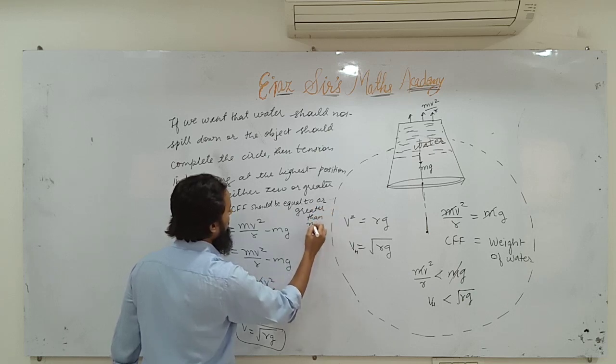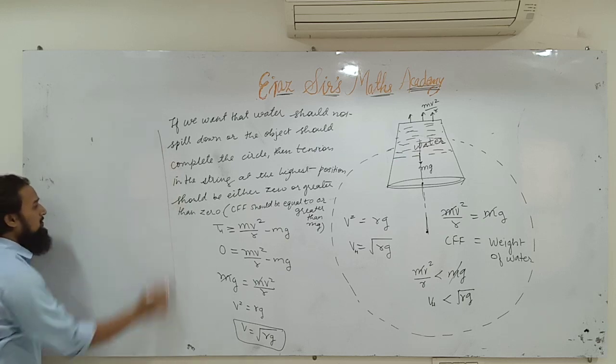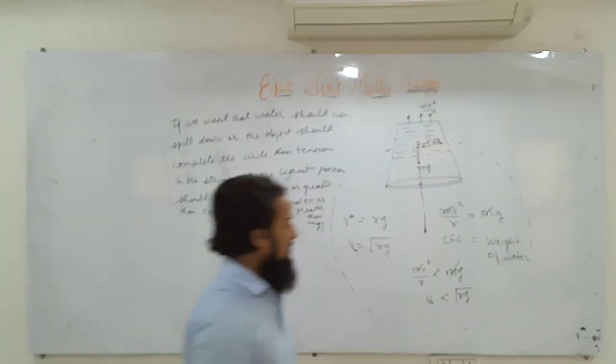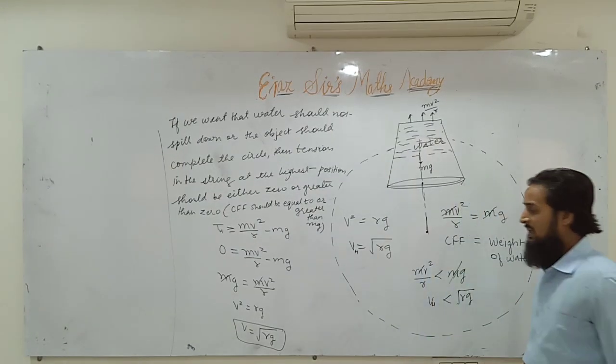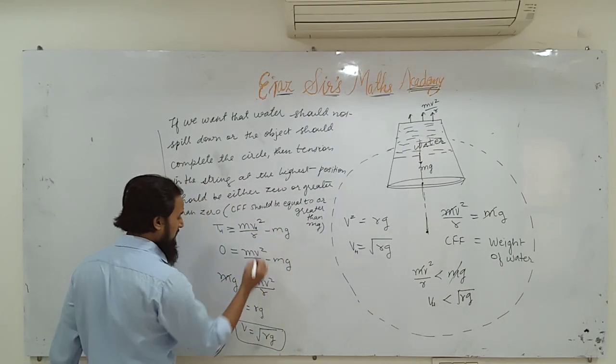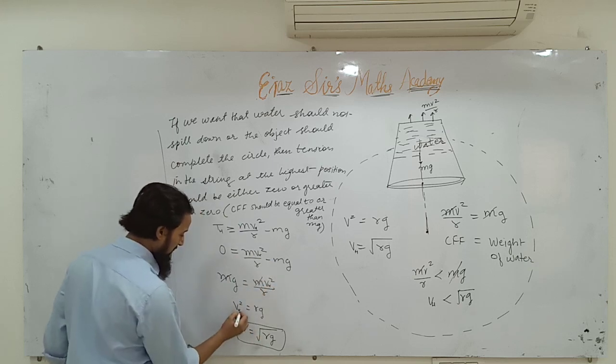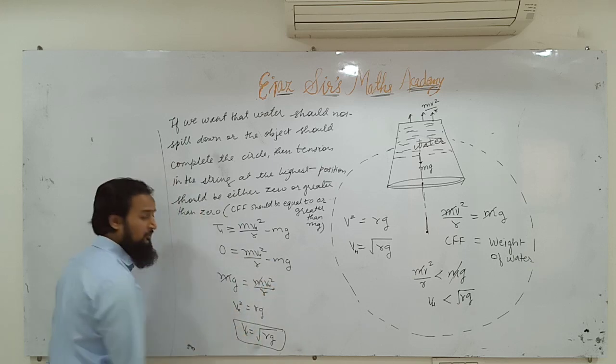Understood this? How much should be the velocity at the highest position? If we want that it should complete the vertical circle, VH should be square root of RG.